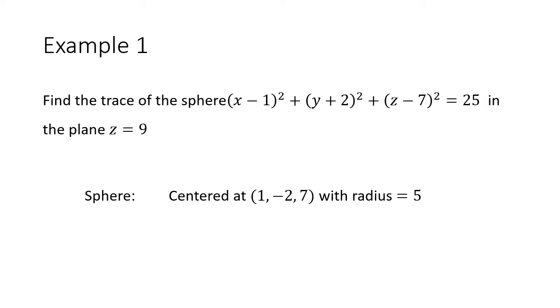Remember, we talked about spheres back in one of our first videos, and it was always taking the square root of the number on the other side, because that was the radius squared. Now, the plane z equals 9 is just that plane surface where every ordered triplet has 9 for the z component.